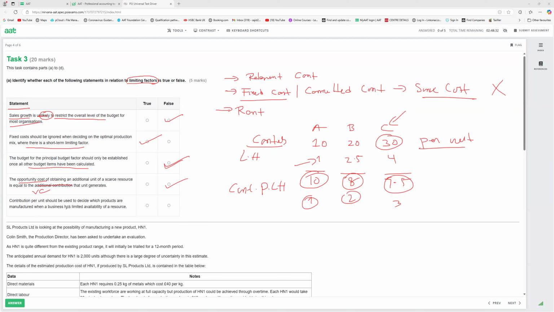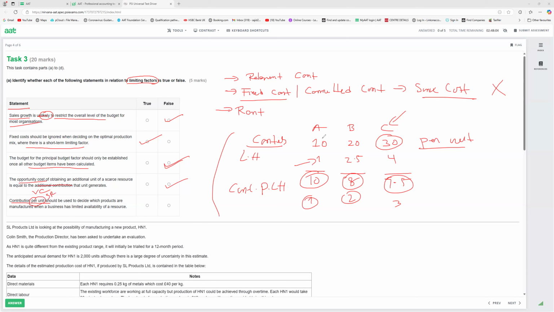Contribution per unit should be used to decide which products are manufactured when a business has limited availability of the resources. This one we have discussed here. So contribution per unit should be used to decide. No, remember that contribution per unit will not decide which one I should make. It is contribution per scarce resource.